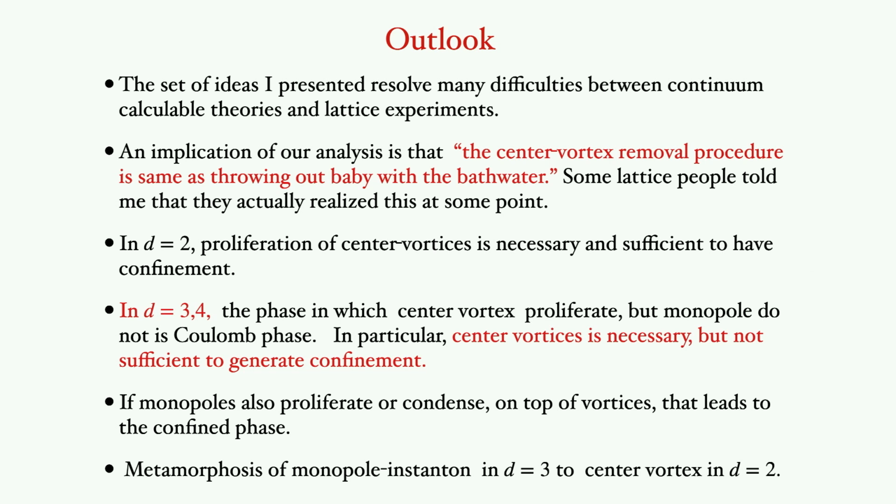Then I add by hand a little bit of N=2 breaking term with small coefficient, so everything is still under control. There is no if. What is the question? My question is, where are the center vortices here? I have a proposal.